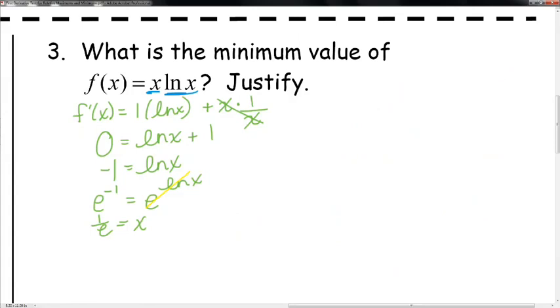So let's go ahead and make our sign chart. So we have 1 over e, it's my 0. My factor is ln x plus 1.